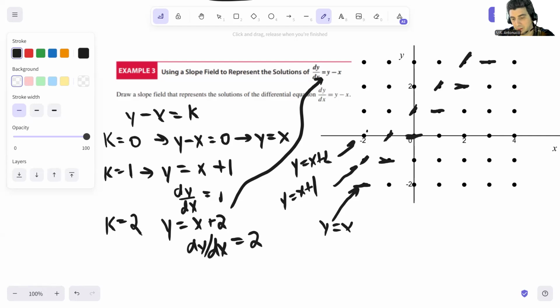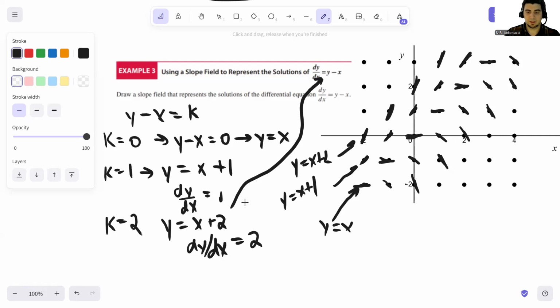Okay, so they're going to be a little bit steeper, like this. And I could continue that pattern with k equals -1, k equals -2, and so forth and so on. And we would see that the slopes over here would be -1 along this line, and then -2, and so forth and so on. And we would construct the rest of the slope field.